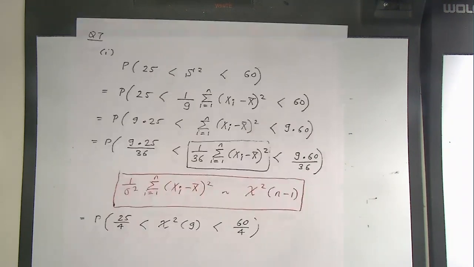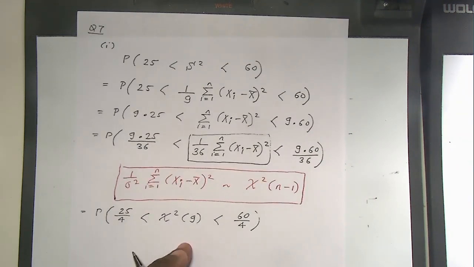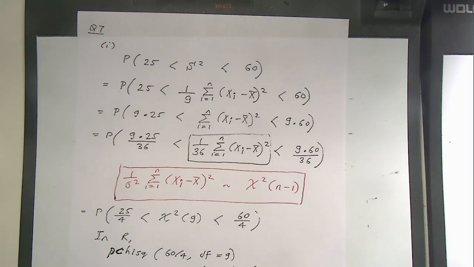Now you can compute this, obviously you need a computer. In R, for example, you can compute this using the chi-square cumulative distribution function, where df stands for the degrees of freedom.